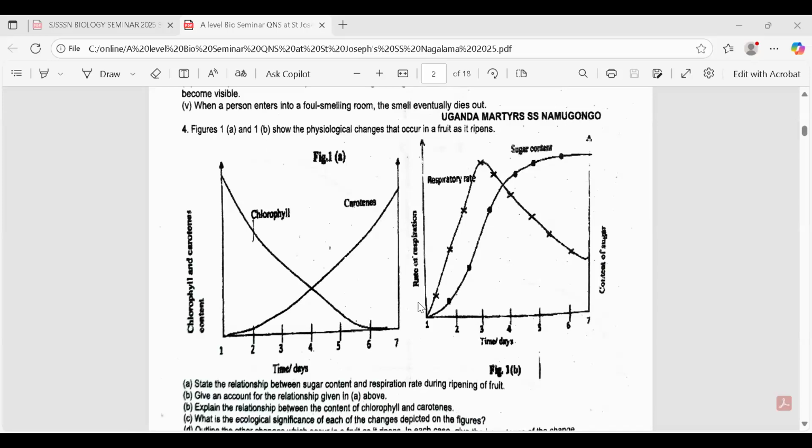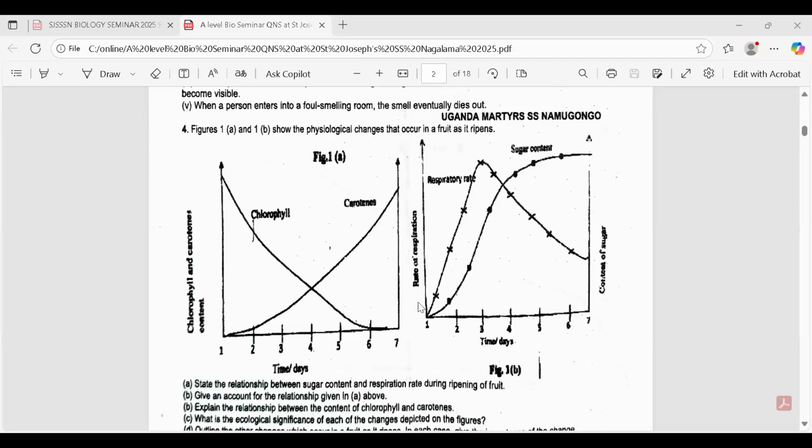And that encourages the formation of more carotenes. Carotenes are colored. And remember, this is a fruit which is ripening. Therefore, we need more carotenes to act as bright colors to attract dispersal agents. That's why we had carotenes increase, because they play a role in attracting dispersal agents, while the chlorophyll was being broken down by enzymes.